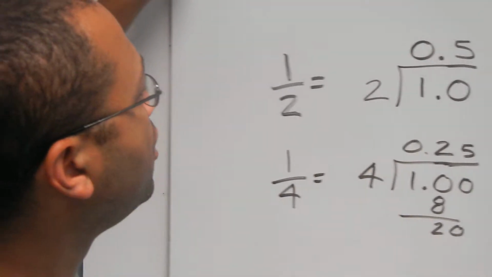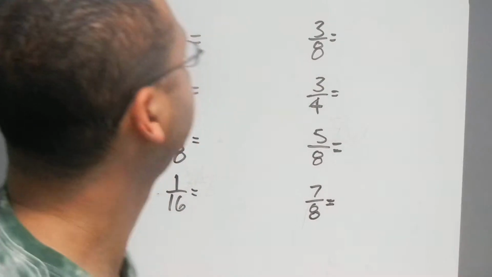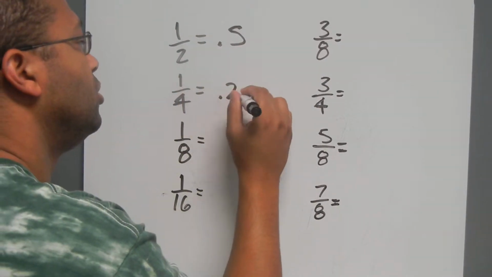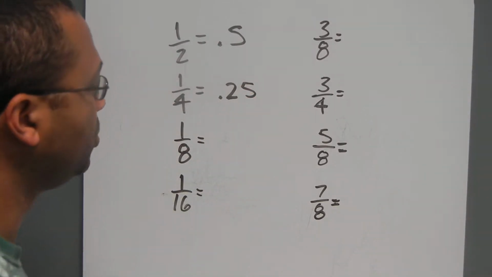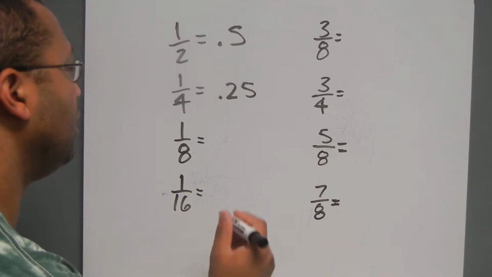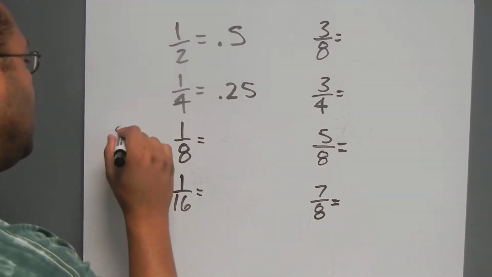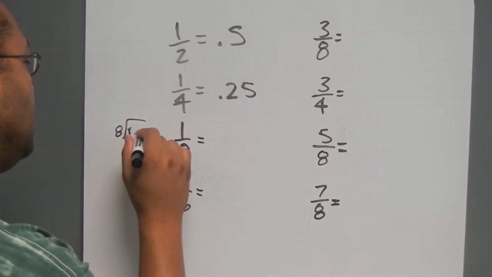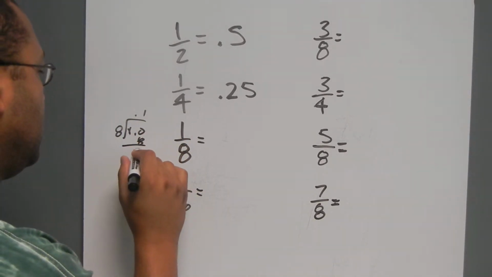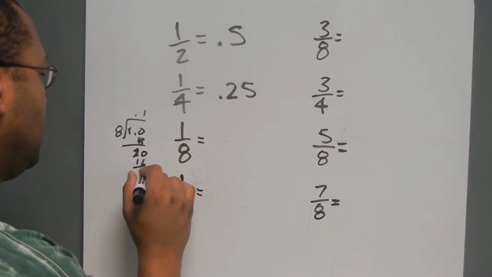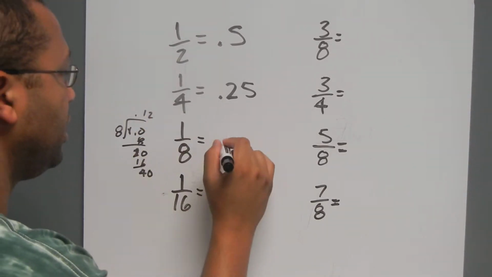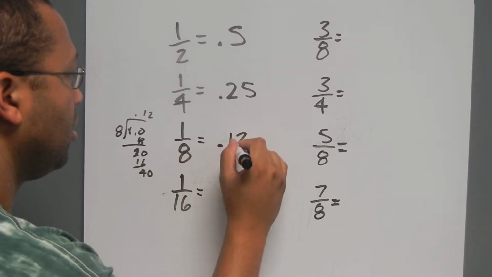So let's slide over a little bit. If this is 0.5 and this is 0.25, how much would this be? Well, just using our brain a little bit, 0.125.